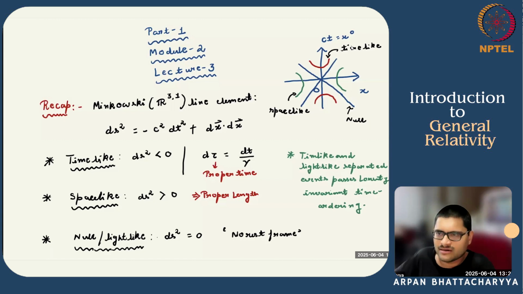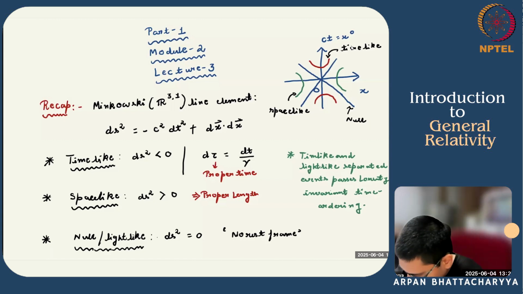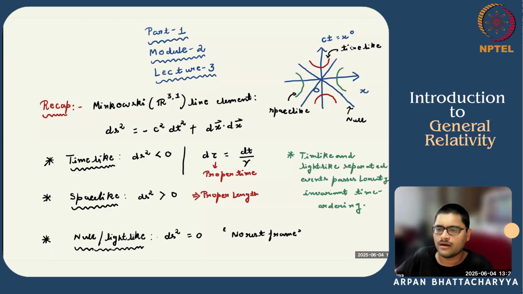This gives us the following important fact: for time-like and light-like separated events, we have a Lorentz invariant notion of time order. If you start with two events which you can dub as cause and effect of each other, then this time ordering will remain the same for time-like and light-like separated events. But for space-like separated events, you can always go to a reference frame where you can reverse this time ordering. So there is no notion of cause and effect for space-like separated events.